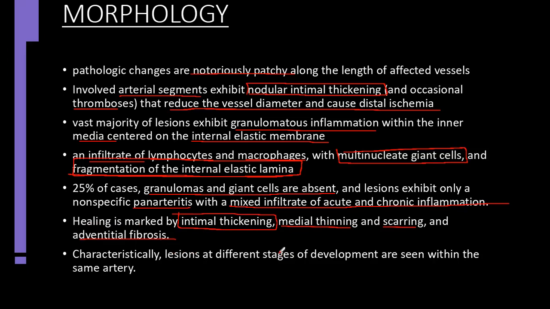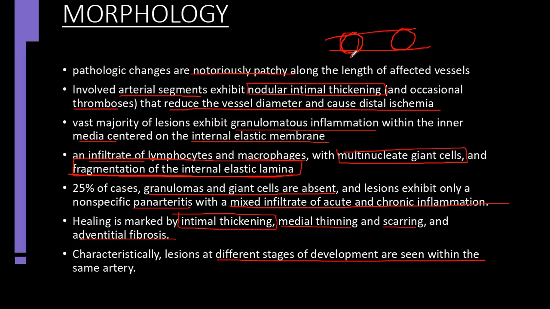Now, in this type of vasculitis, different stages of development will be seen within the same artery. So this is the same artery, so it is patchy. So here you will find a region and another region here. These regions don't need to be at the same stage.